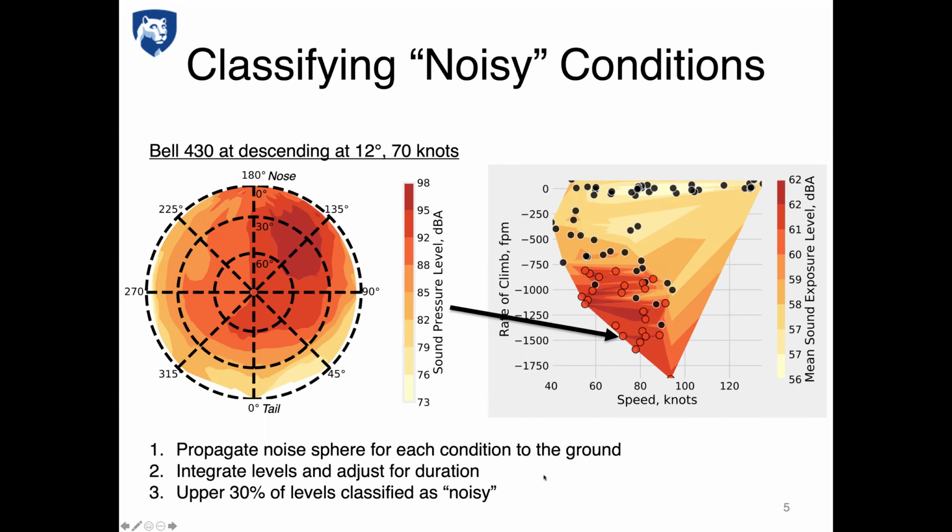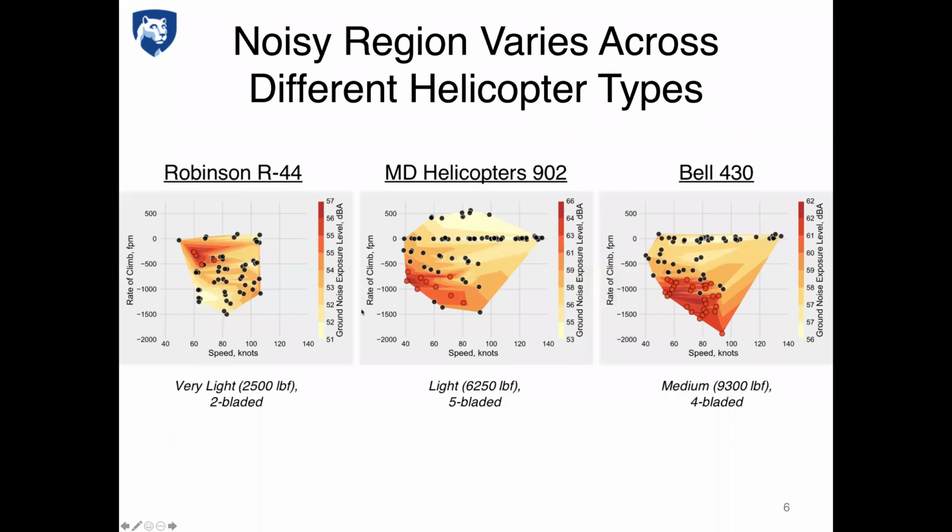When we look across a range of helicopters, just as I indicated before, where the noisy operating condition or noisy area of the operating envelope occurs varies quite a lot between different helicopter types. Here we're comparing that Bell 430 on the right to the MD 902 in the middle, and the Robinson R44 on the left.